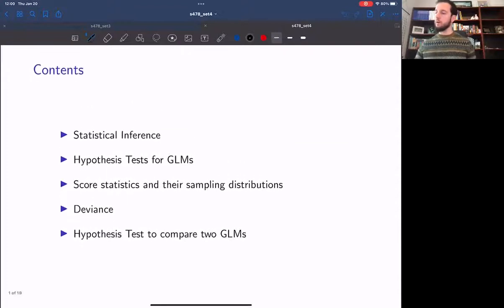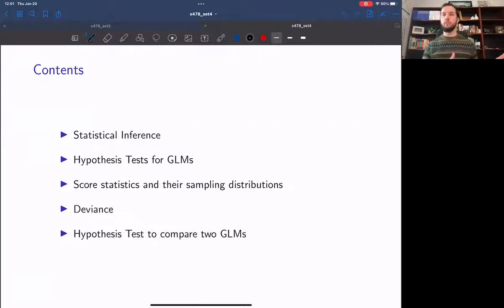Okay, so we're going to review the definition of statistical inference very briefly. We're going to talk about structures of hypothesis tests for comparing GLMs. And then what we're going to get into is looking at the sampling distribution of our score statistics. So as I had alluded to in my little introduction there, the way that we evaluate and use these models is going to change with each of the response variables changing.